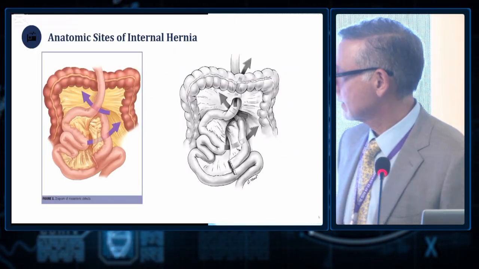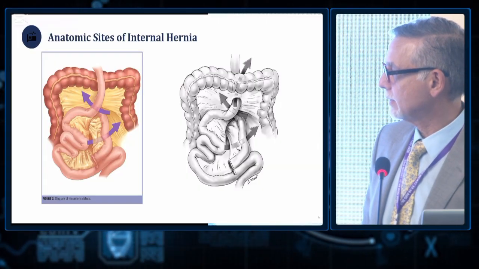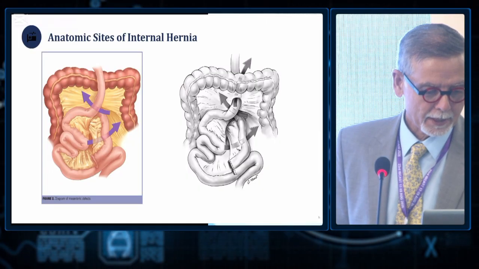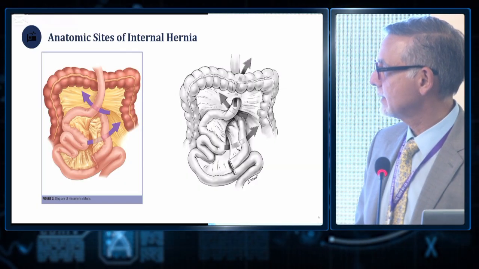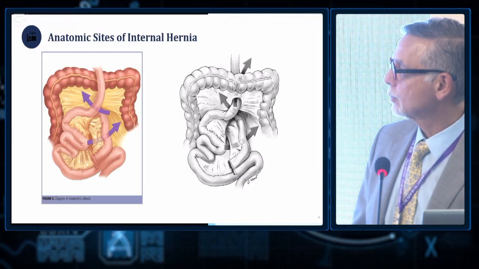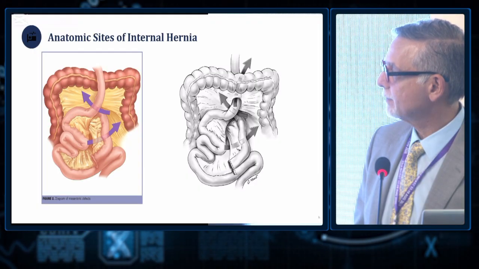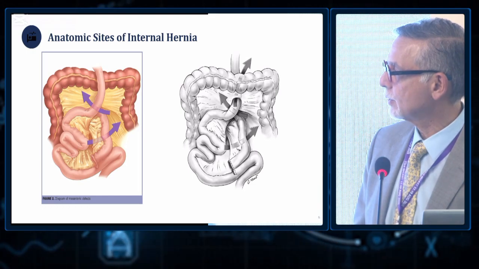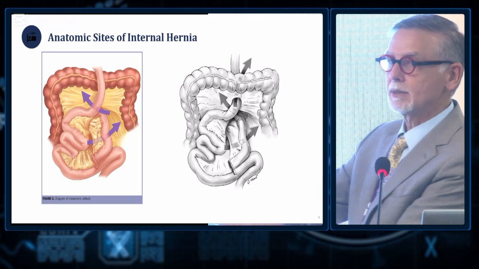So the defects, the first defect here is where you do the jejunal anastomosis, and that's the JJ defect here. The second is where you take the jejunum up to join with the stomach, you cross the transverse colon. This is anticolic. The mesentery of the transverse colon and the mesentery of the small bowel join like this, and this is where the bowel comes through.